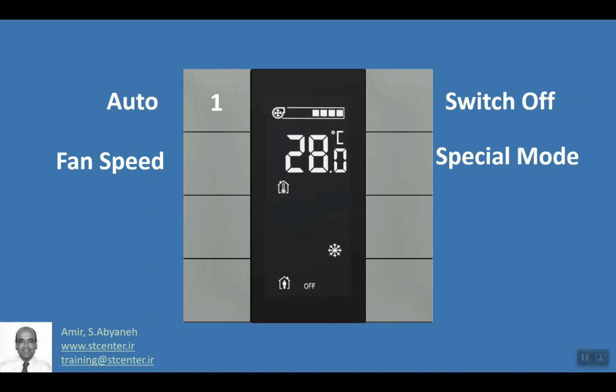In this way the PI controller works automatically to compare the set point and current room temperature based on the season and sends the adequate control value to the actuator. So button number 1 calls the automatic mode. Button number 2 switches off the fan coil.